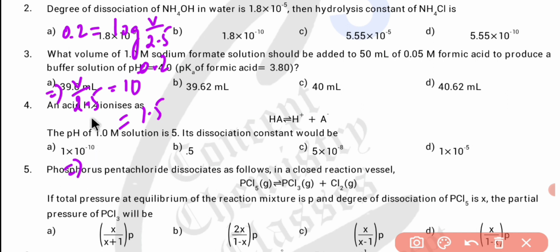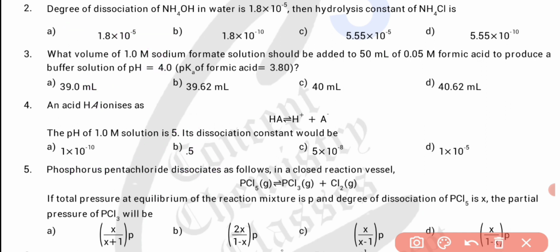When I multiply this 1.5 by 2.5, it comes out to be about 3.962. So 3.962 ml is the correct answer, but the correct option is not given here.